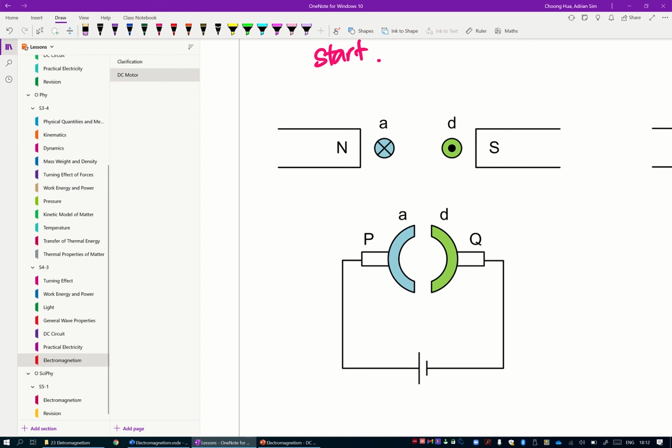Hence, A will move down. If you use Fleming left-hand rule at point D, middle finger points out of the plane, index finger points left to right, and you realize that your thumb now points up.